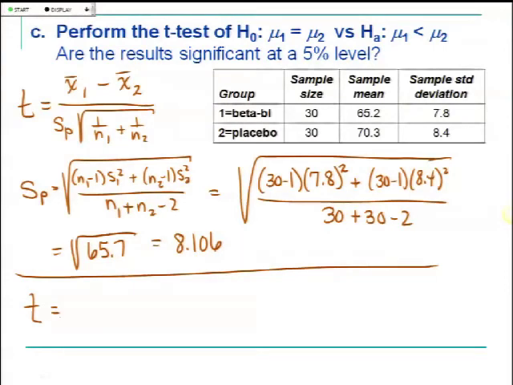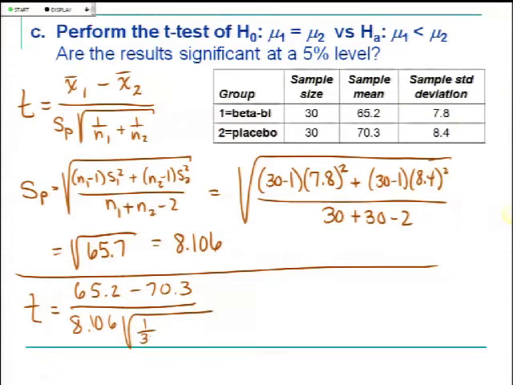Our measure of how many standard errors apart our two sample means are. 65.2 is different than 70. It's below 70, as we had hoped. But we'll work out how many standard errors below. It's nice when the sample sizes are the same, so this 1/30 part can be worked out a little easy.